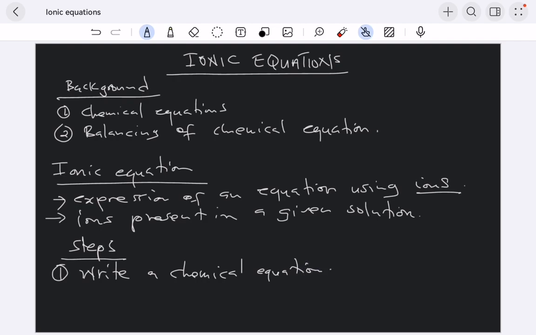If we can write a chemical equation, then secondly, we have to balance the chemical equation. If we can balance the chemical equation, then it takes us to the third step. On the third step, we have to know how to dissociate.